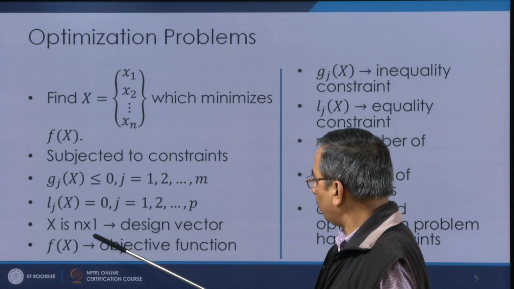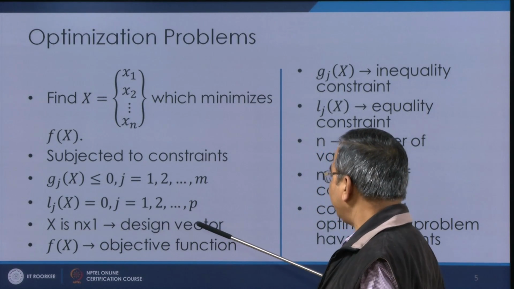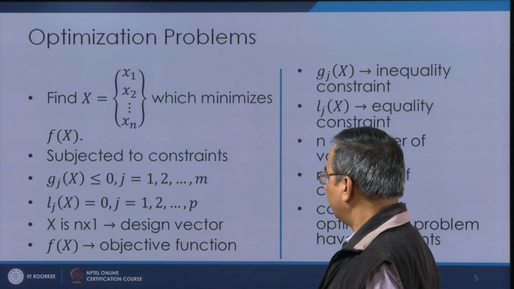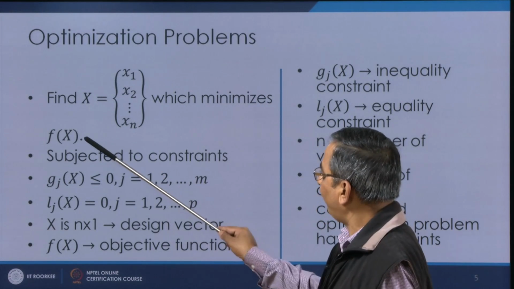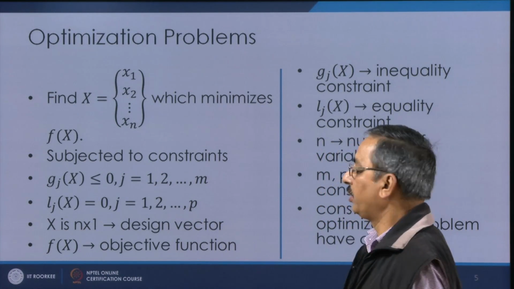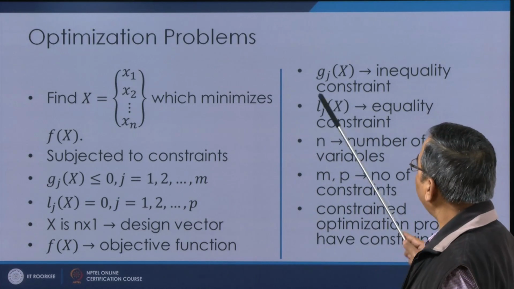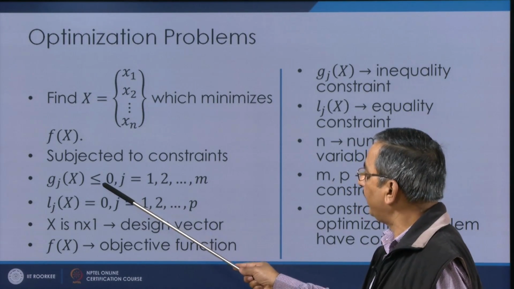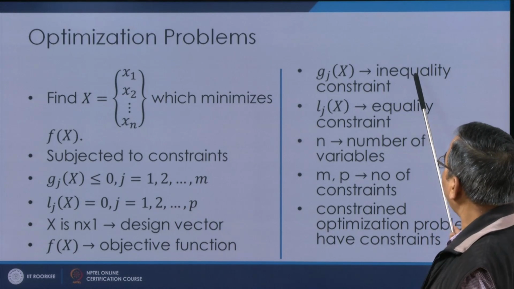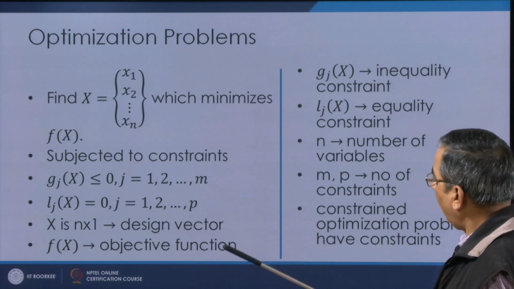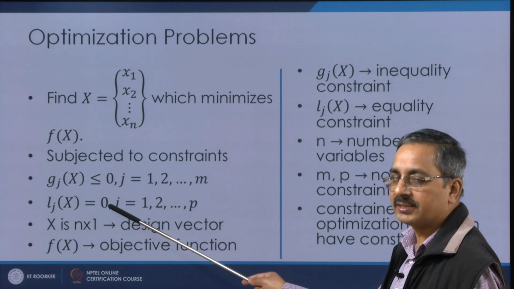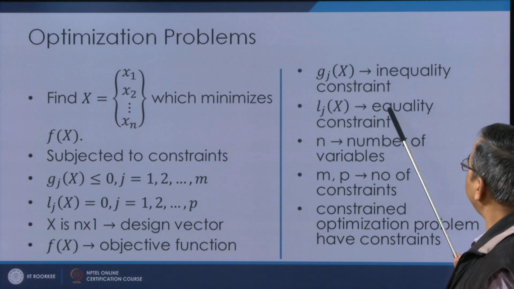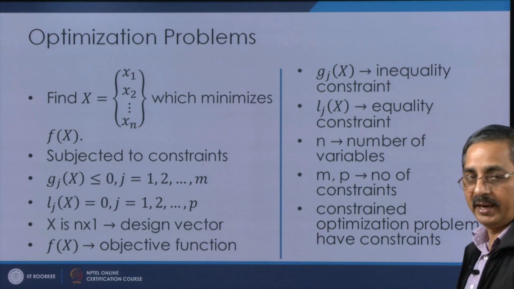Here x is n cross 1, which we call the design vector because we are interested in finding these vectors. And f(x) we call the objective function. And gj(x), as it involves an inequality sign, is called an inequality constraint, and Lj(x) equal to 0, as it involves an equal sign, is called an equality constraint.